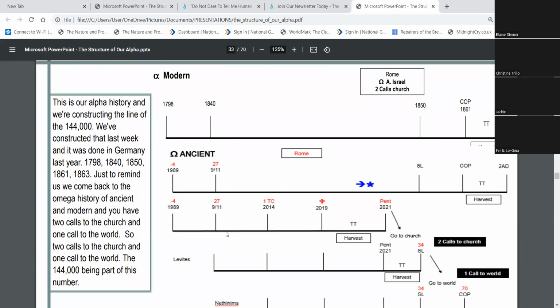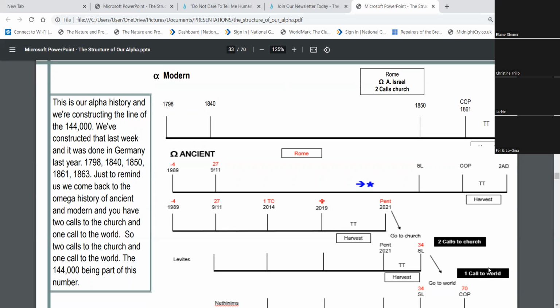This is our Alpha history, and we're constructing the line of the 144,000. We constructed that last week, and it was done in Germany last year. 1798, 1840, 1850, 1861, and 1863. Just to remind us, we come back to the Omega history of ancient and modern, and you have two calls to the church and one call to the world.